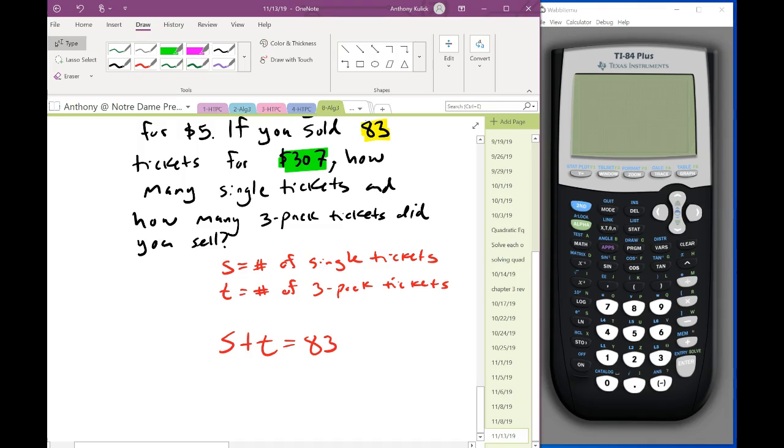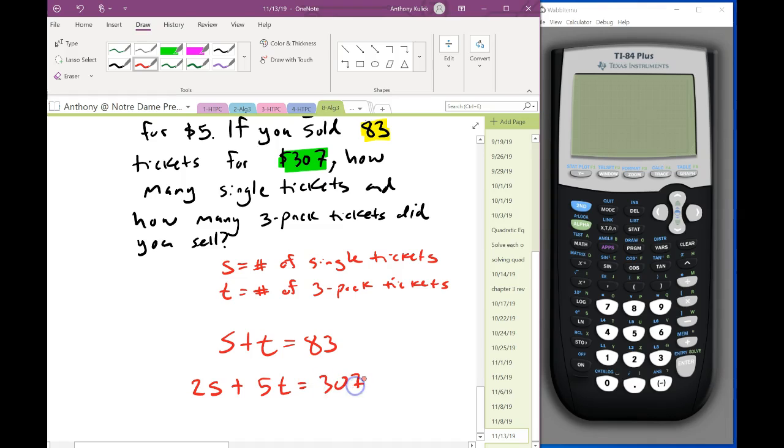Everybody agree with that? So 2 times the number of single tickets sold. Everybody agree with that? Okay? If I sold 8 3-pack tickets, how much money should I have collected? 40, right? So 5 times the number of 3-pack tickets sold.